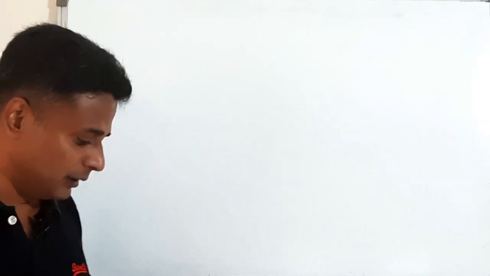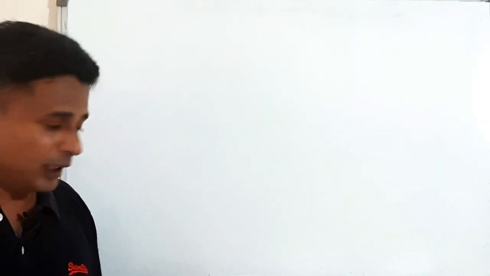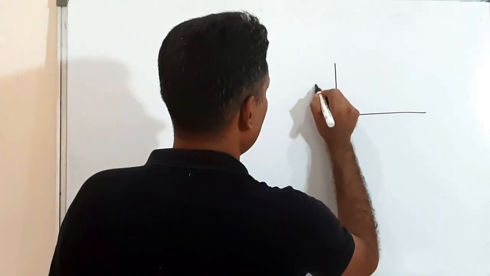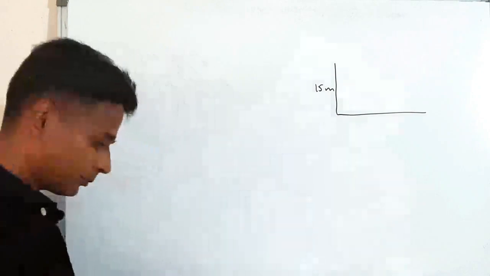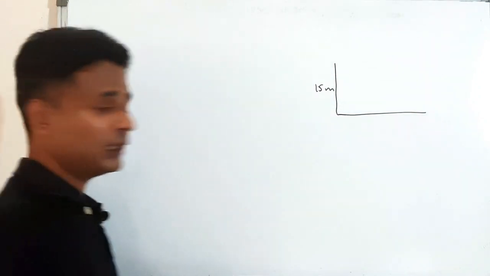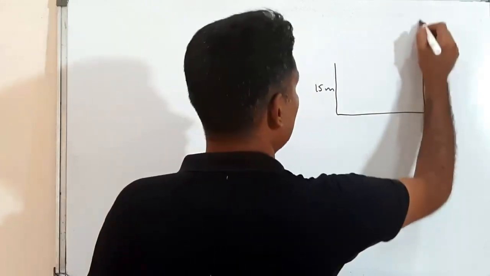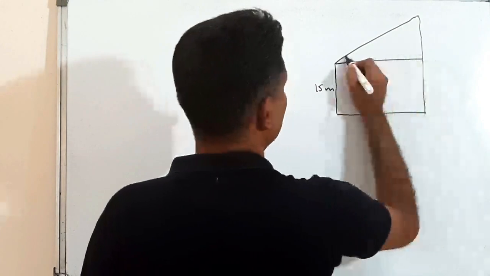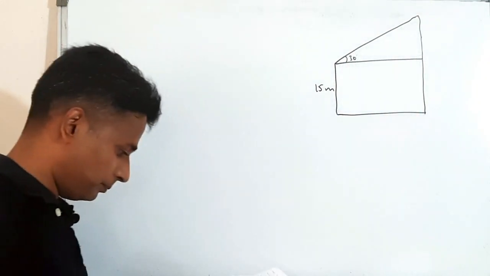Alright, the next question. From the top of a building 15 meter high. So there is a building which is 15 meter high. The angle of elevation of the top of a tower is found to be 30. Since angle of elevation is involved, the tower is taller and the angle of elevation is 30 degree.